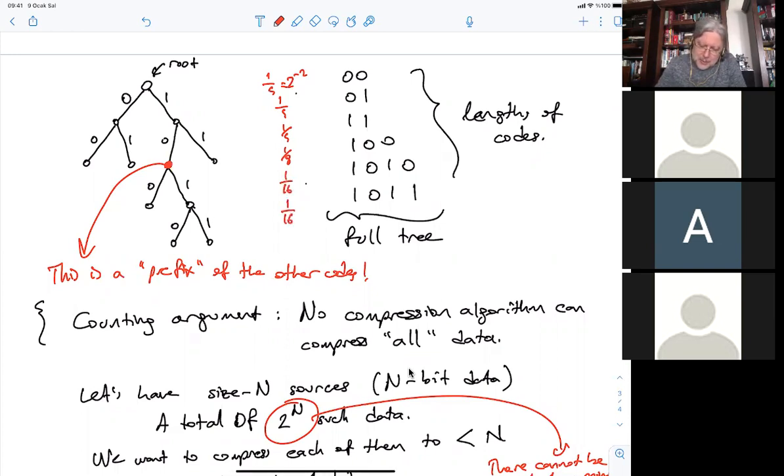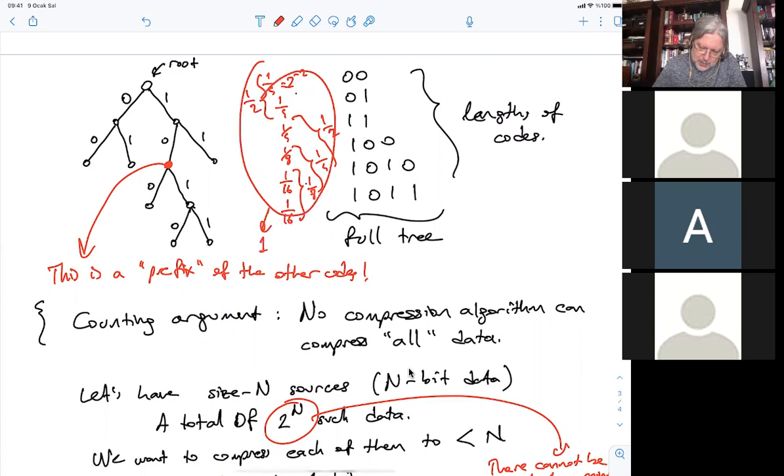Now let's combine them. These two will make 1 over 8, and with this 1 over 8 it will make 1 over 4, and these two 1 over 4s make 1 over 2, and these two 1 over 4s will make 1 over 2. 1 over 2 plus 1 over 2 is 1. So this all will give you 1. K is equal to 1.